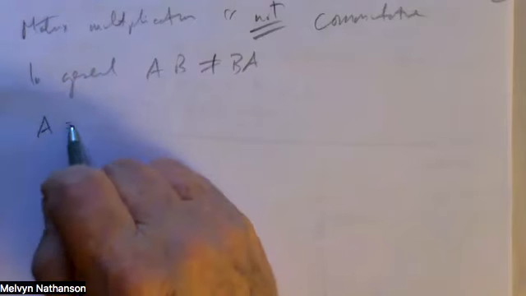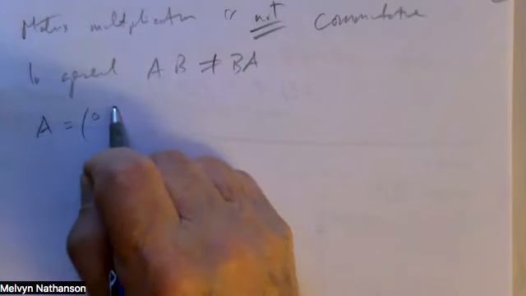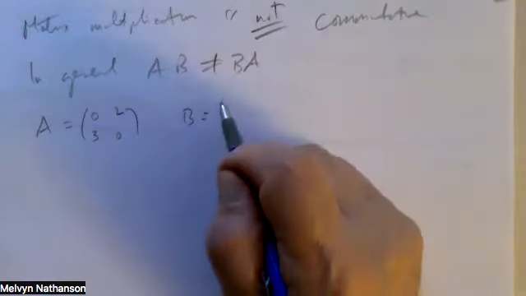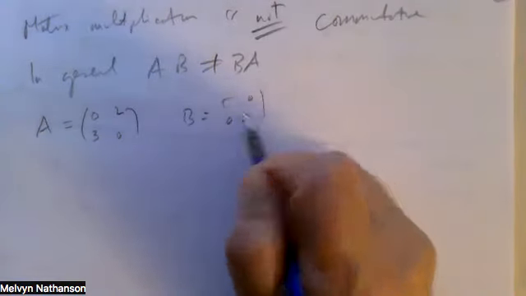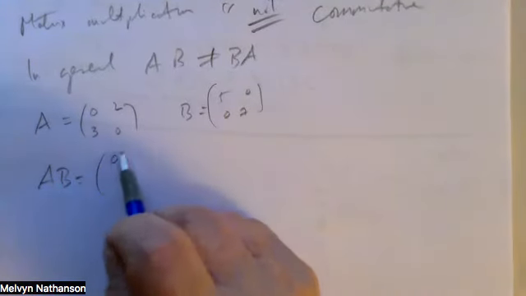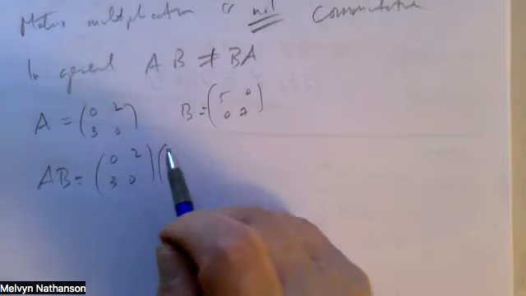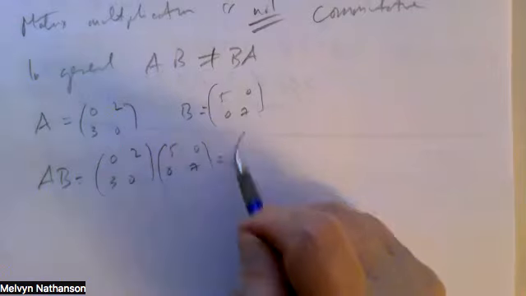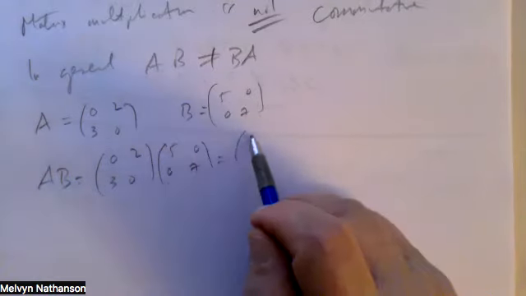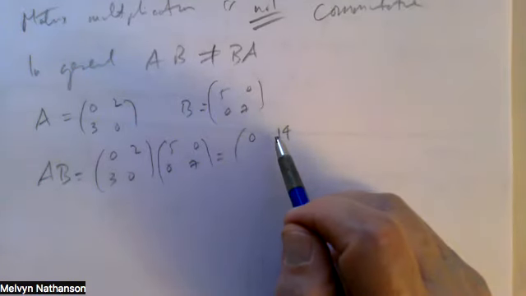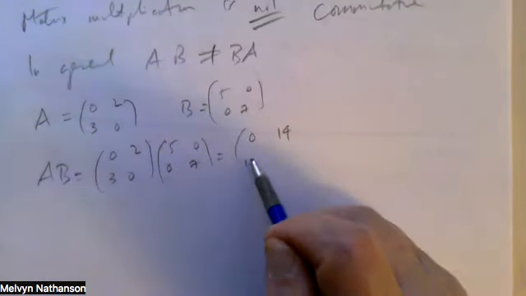Here's a simple example. Suppose A is the matrix 0, 2, 3, 0, and B is the matrix 5, 0, 0, 7. So what is AB? 0, 2, 3, 0 times 5, 0, 0, 7. When I do my matrix multiplication, I get 0 plus 0, 0 plus 14, 15 plus 0. I get this matrix.